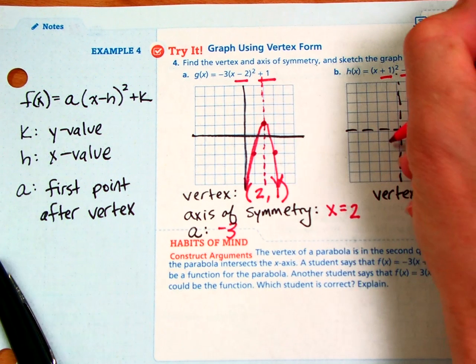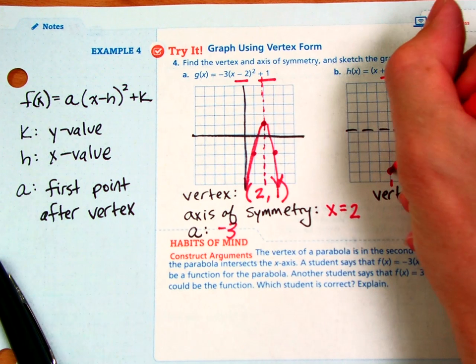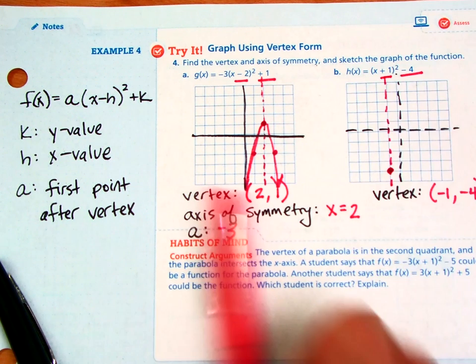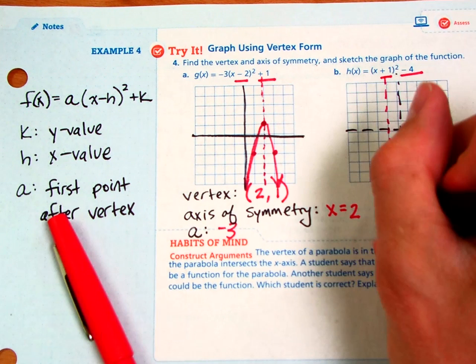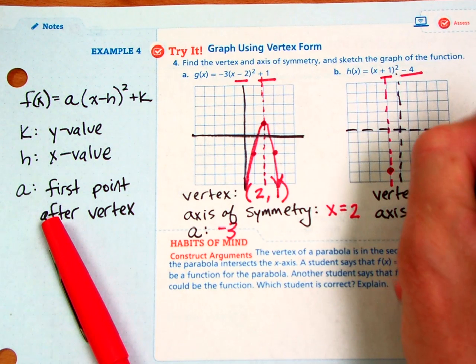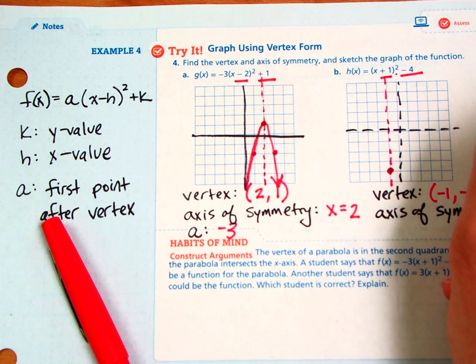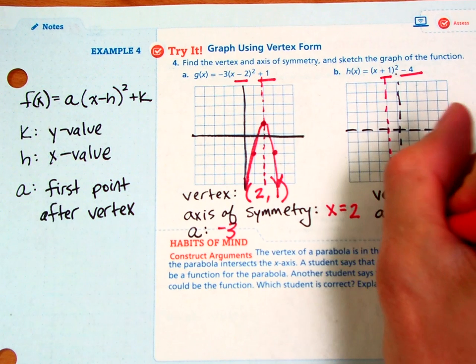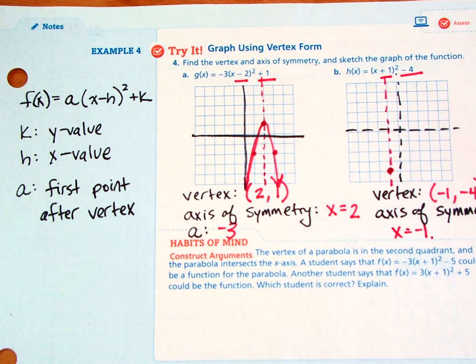That's (negative 1, negative 4). The axis of symmetry is the line that goes through, and we can see that it's going through the x value of x equals negative 1. So it's x equals negative 1.